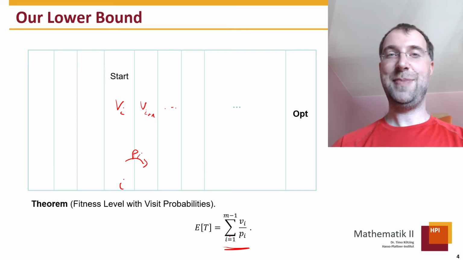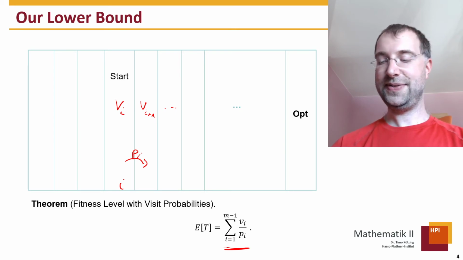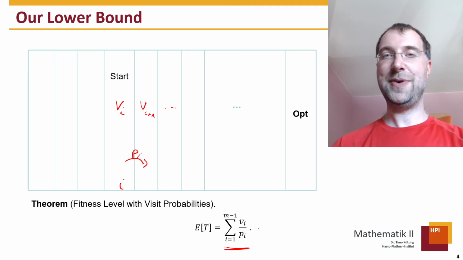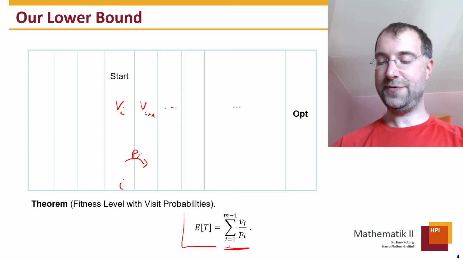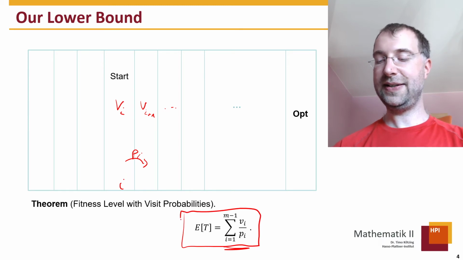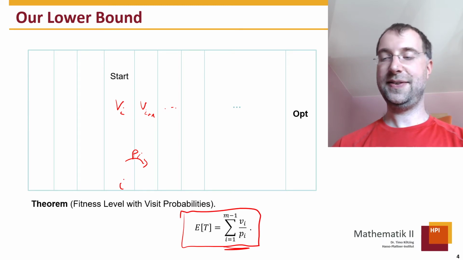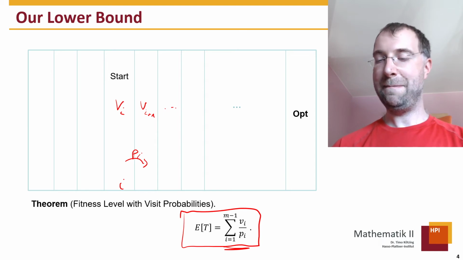Of course, in the paper we have versions for upper and lower bounds, depending on whether we have upper or lower bounds for the pi and vi, that you can all see in the paper. But this formulation, if you know everything exactly, then you know the exact runtime. And of course, it's just as useful for bounds.